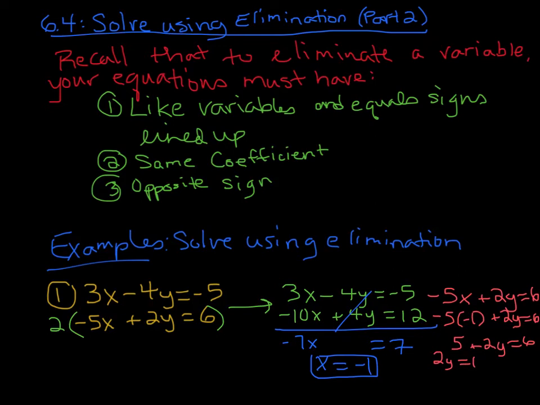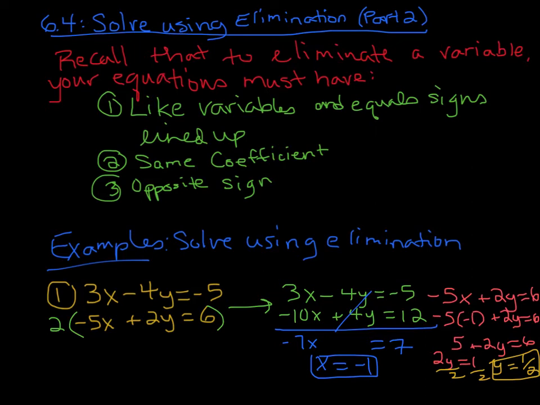Be extremely careful with that. y is not equal to 2. We have to divide both sides by 2. We end up getting y equals 1/2. The last thing I would recommend that you do is just double check. You can even do it in your head if you want.